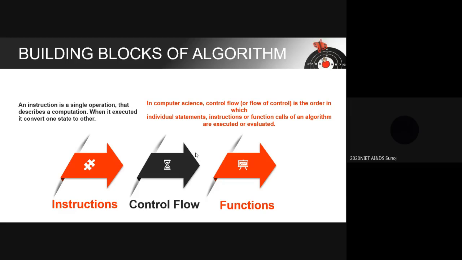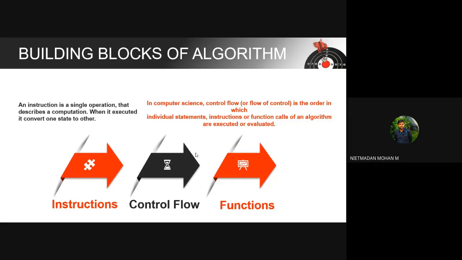Whatever instruction we give, suppose NIT is giving you some instruction to join the call, then you want to join the call at that time, right? Yes, sir. So that is called an instruction.